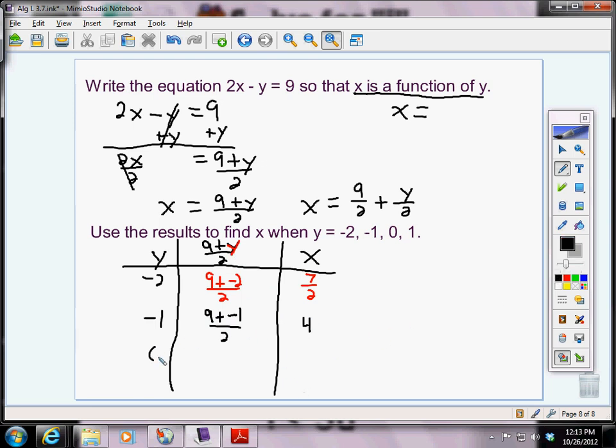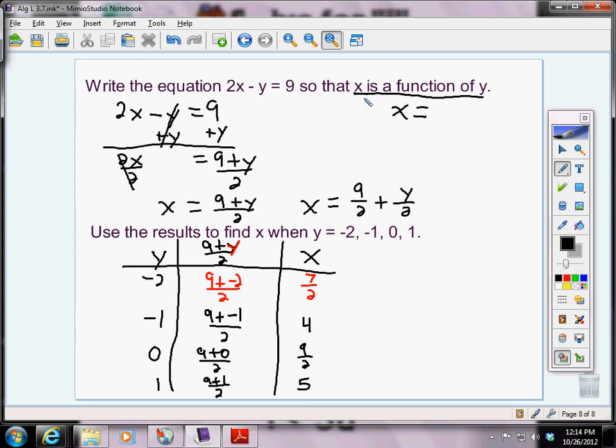Now I have 0. 9 plus 0 divided by 2. Well, 9 plus 0 is 9, so we can just leave this as 9 divided by 2. And then we have 1. 9 plus 1 divided by 2. 9 plus 1 is 10. 10 divided by 2 is 5. So these would be our solutions.